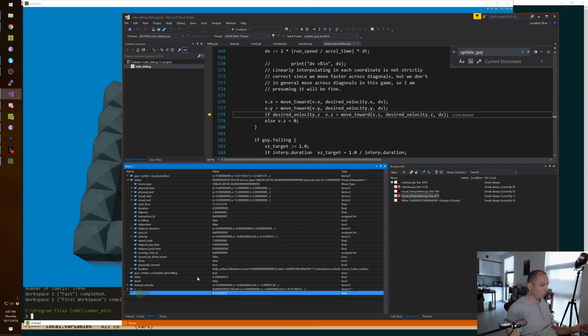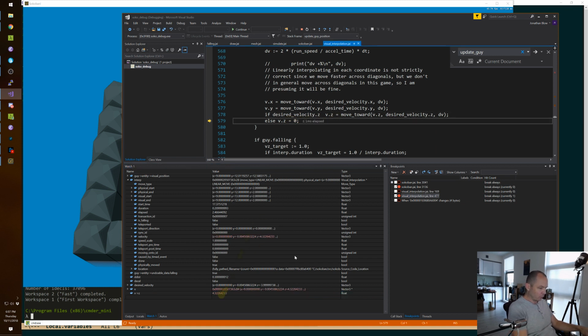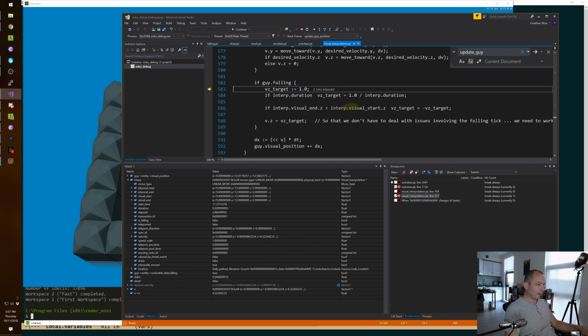Okay. Weird debugger thing. All right, so 4.76, this should get lower. 4.3. Okay. If we're falling, though, this thing is goofing us up, I think.